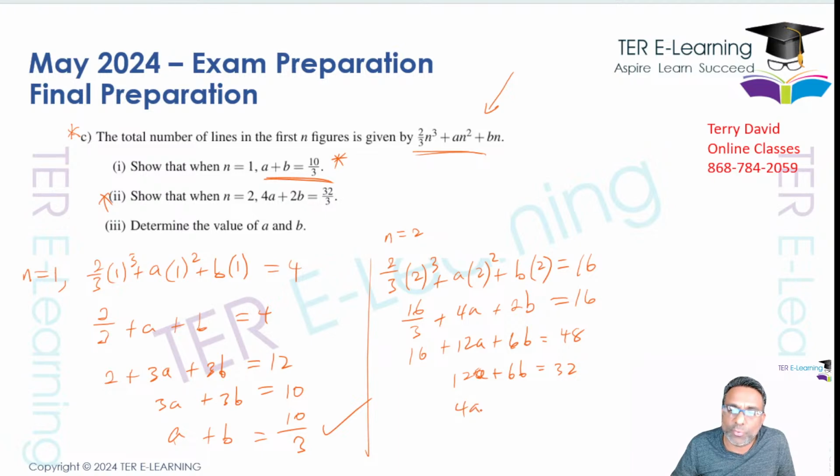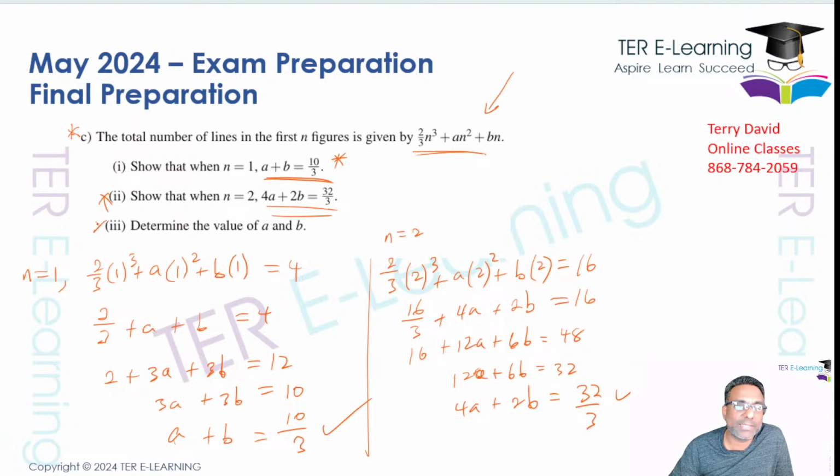So therefore this becomes 4a plus 2b is equal to 32 over 3, which is what they told us to prove here. All right, so this is what we have here.